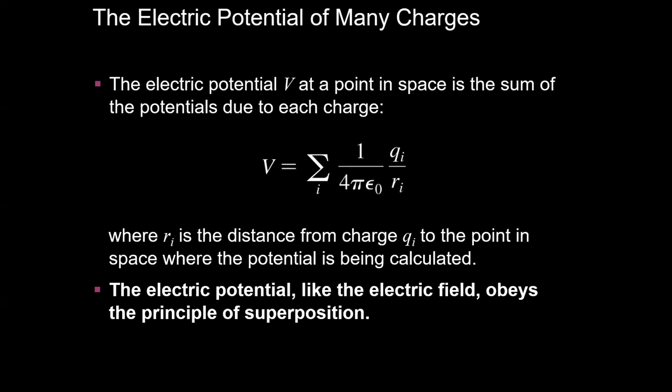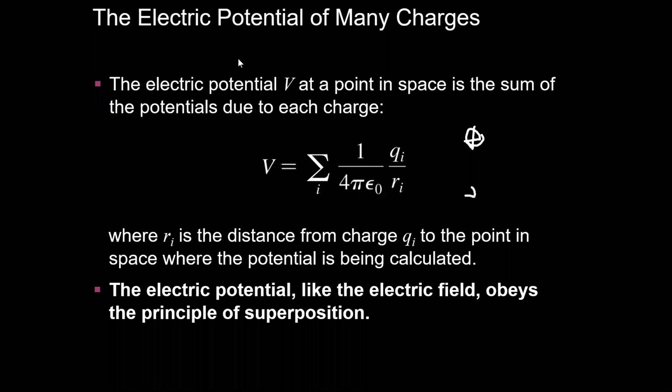What about for more than one point charge? For more than one point charge, we can literally add the numbers together to find the potential of multiple point charges. So if we hop on here real quick, let's say we were given a positive charge and a negative charge and another positive charge right here.